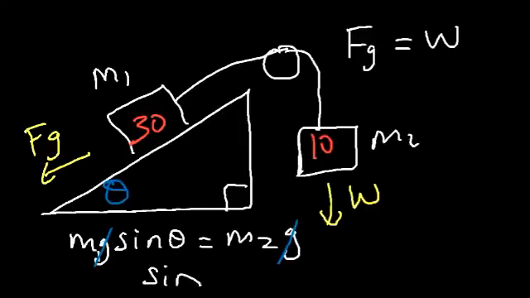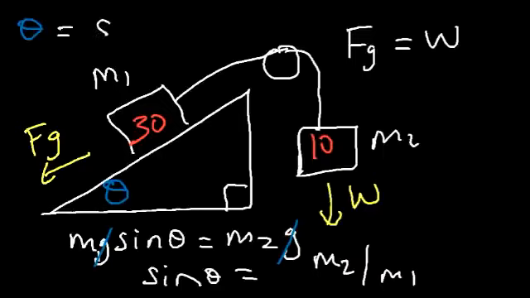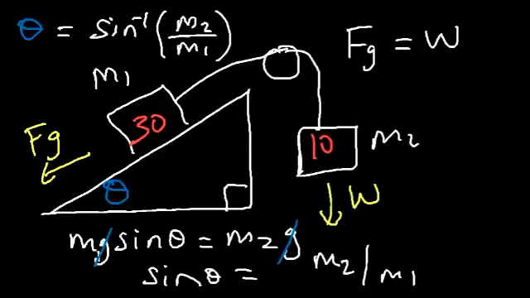So sine theta is equal to the ratio of m2 over m1. So theta is equal to the inverse sine of m2 divided by m1, if there's no friction.